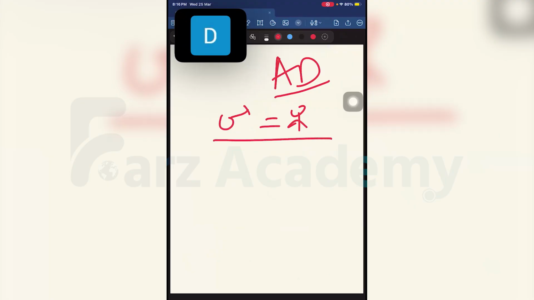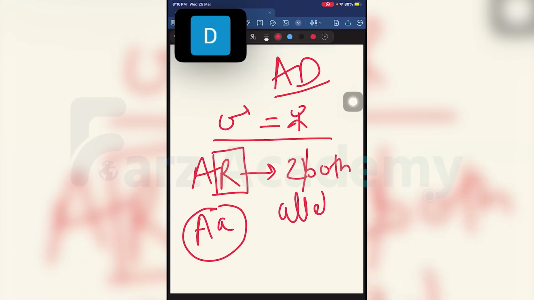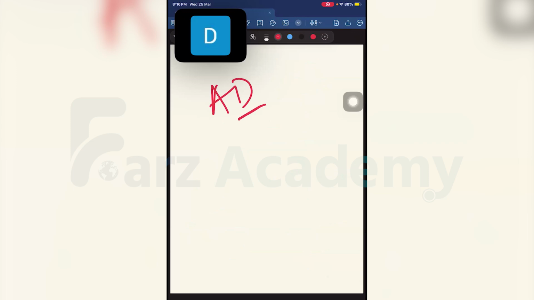And when I tell you about autosomal recessive, if I write this, I told you this becomes a carrier. Why? Because it is a recessive condition. What I told you last time is it requires both alleles to be mutated or abnormal to give you a disease. Whereas in an autosomal dominant condition, only one allele is sufficient to cause a disease.